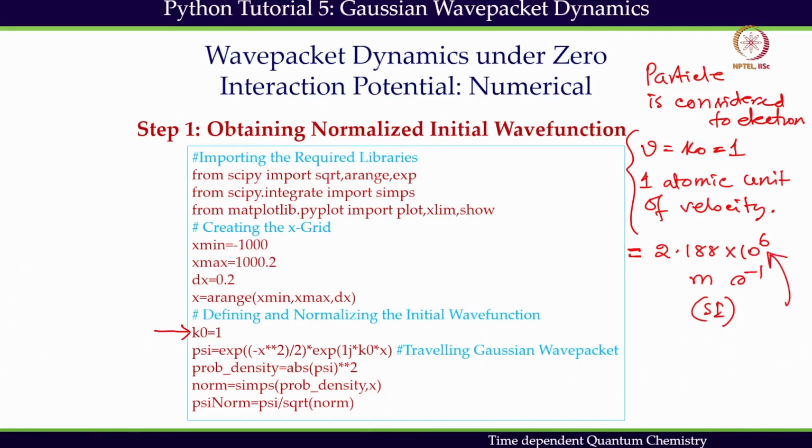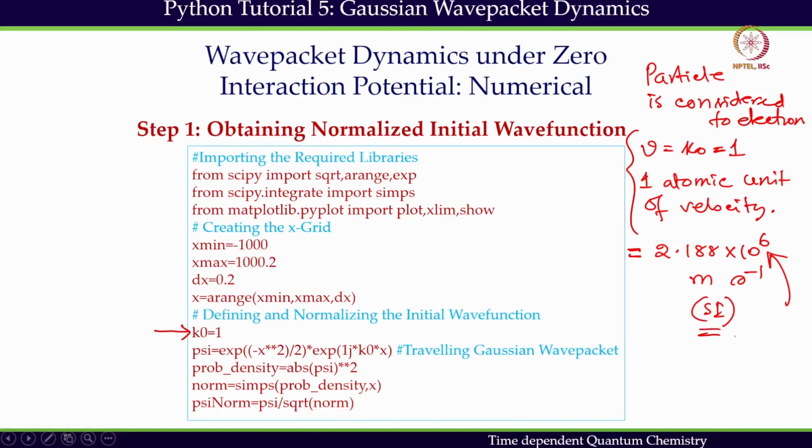So what is the idea of atomic unit? Atomic unit was proposed by Hartree in the beginning, when quantum mechanics was being developed. Hartree came up with this idea that we should use atomic unit in these calculations, because we are going to deal with very large numbers or very small numbers, and it would be very difficult to use the SI unit for this calculation.